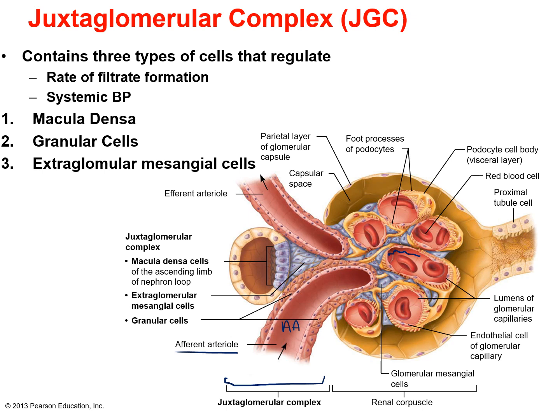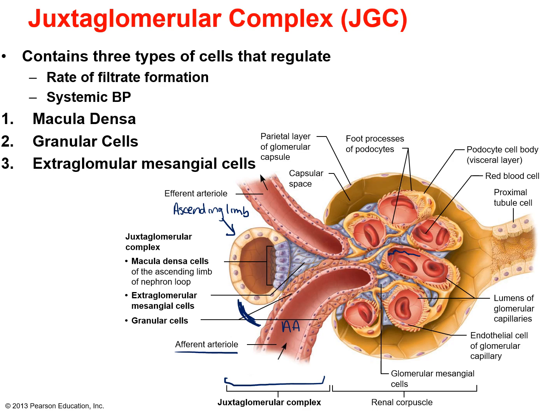And then this structure right here is the ascending limb of your nephron loop. You would have this point of contact between the afferent arteriole and the ascending limb of your nephron loop. So this really is that juxtaglomerular complex.